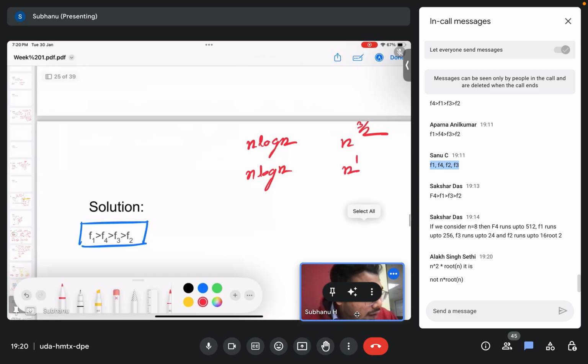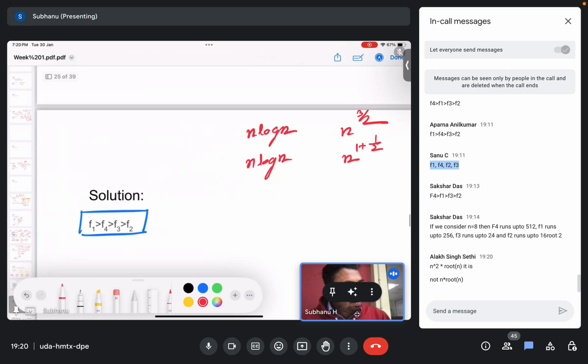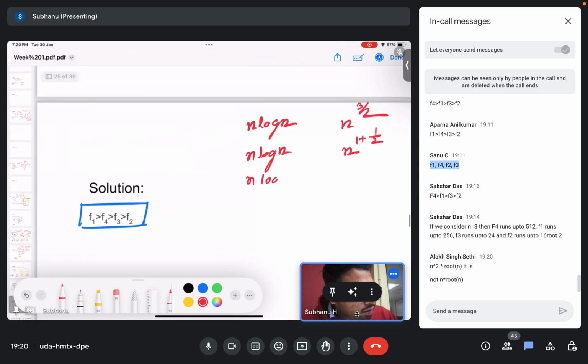So we can write like 1 plus 1 by 2. So that is saying that this is n into root n. Yes, sir. So n and n will be cancelled out, and we have log n and root n.